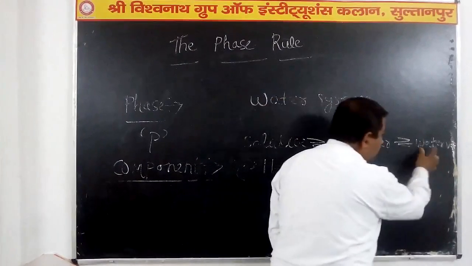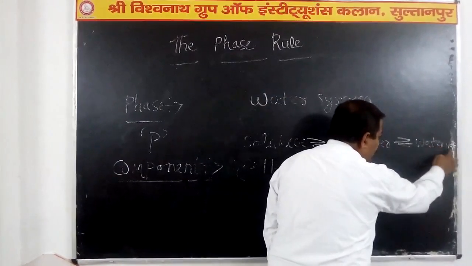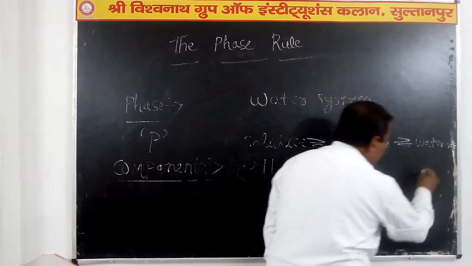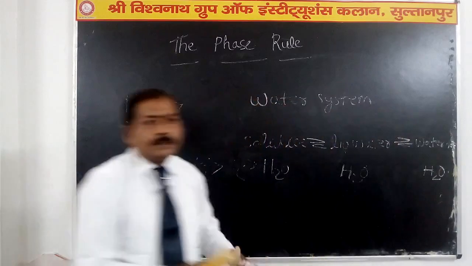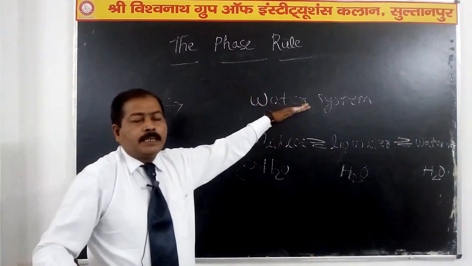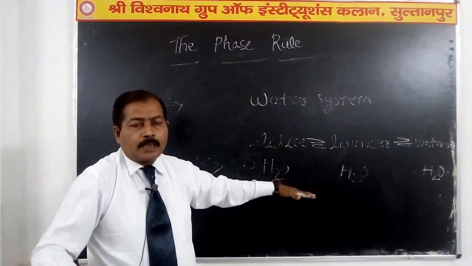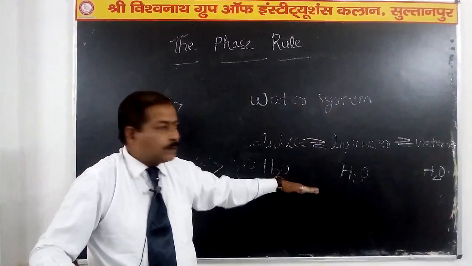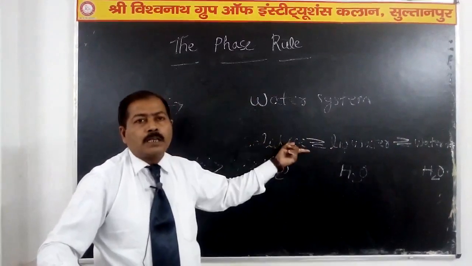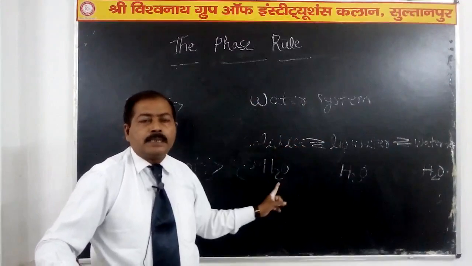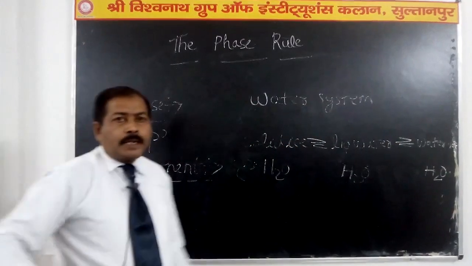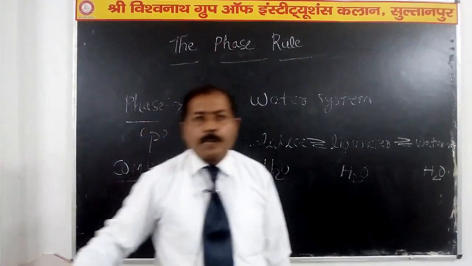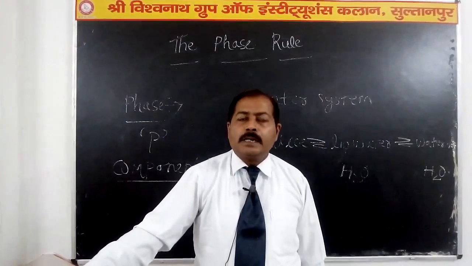The third one, the water vapor, can be described by the single formula H2O. So we can say the water system is an example of a one component system, because all the phases of the water system are described by a single formula, that is H2O.